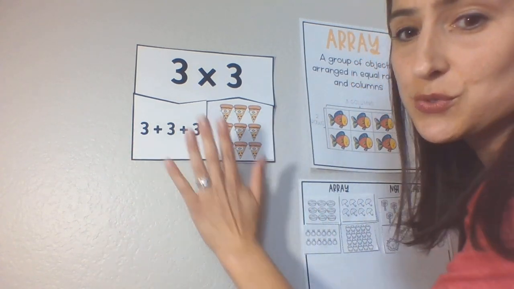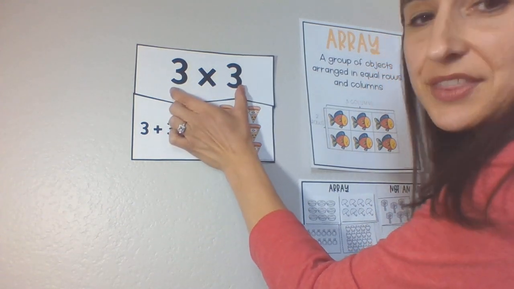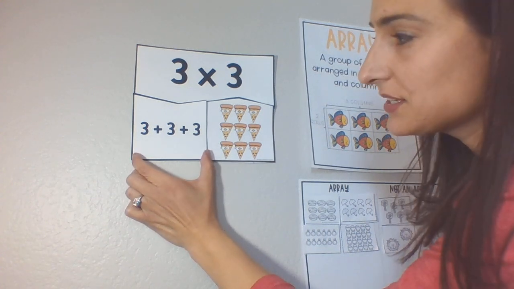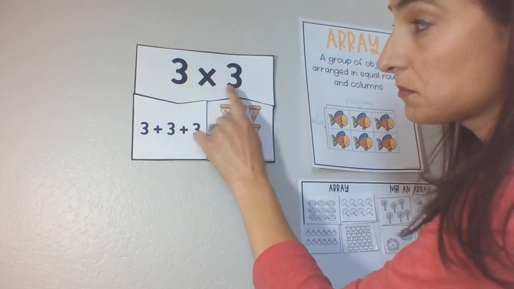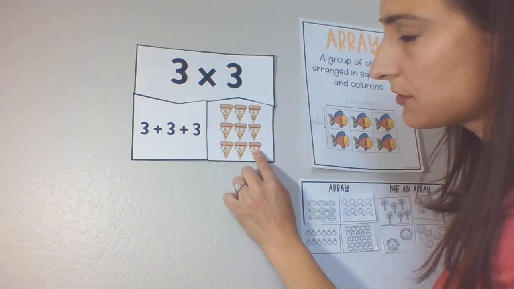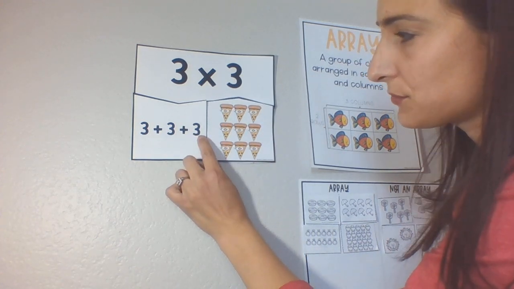And then you can do that second one and the third one, okay? Please make sure that this matches your array and your repeated addition. 3 groups, 3 rows, 3 columns, and 3 plus 3 plus 3.